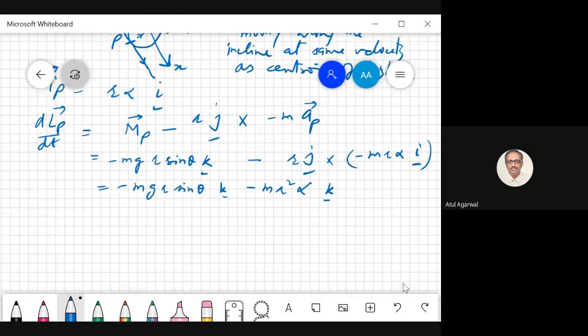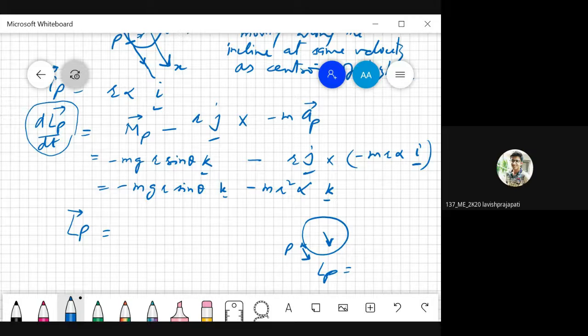Now what will happen to this term dLp by dt? What is your LP here? Anybody? You see this cylinder is going down like this, and this point P is also translating downwards with the same velocity. So what is LP generally?